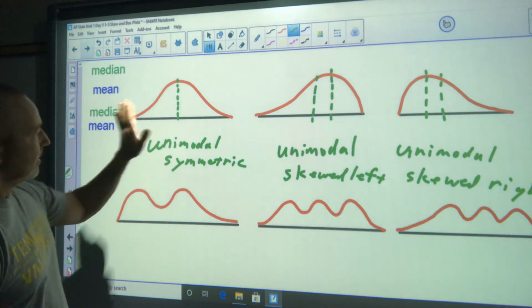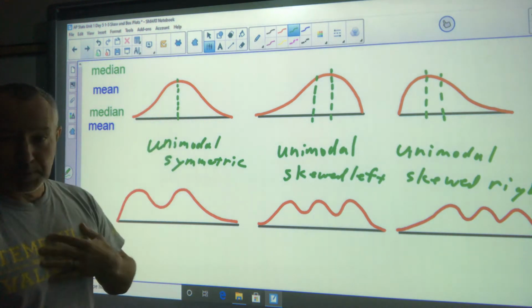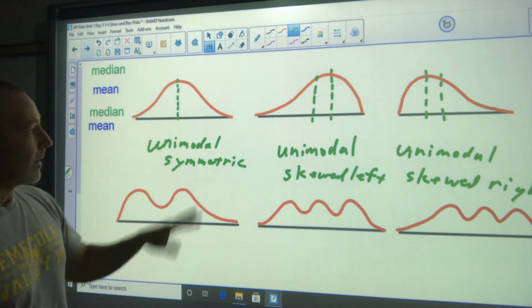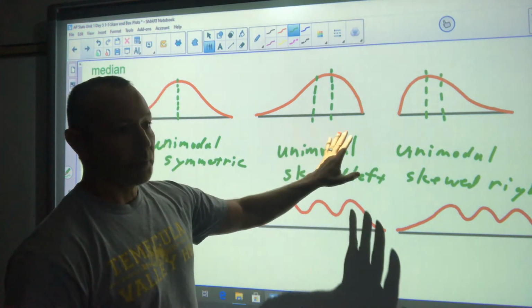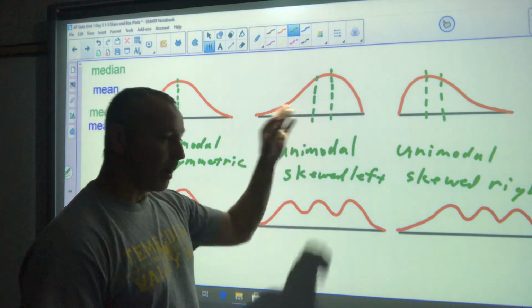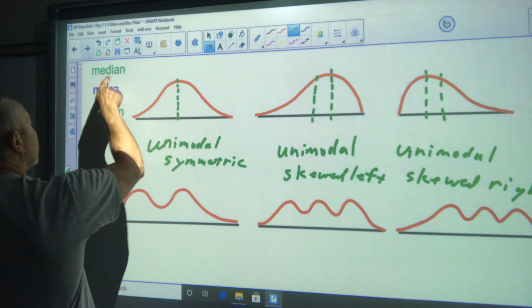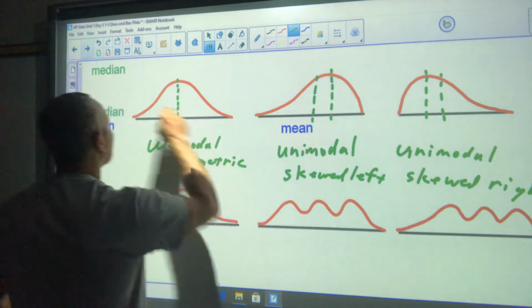Okay. In a symmetric distribution, the mean and the median, they're both measured at the center, and they're approximately the same. They would both be there. Okay? But when I have a distribution that's skewed, the mean gets pulled to the skew, to the part that's sticking out, to the side with the most variation. All right? So in this case, my mean would be pulled over here.